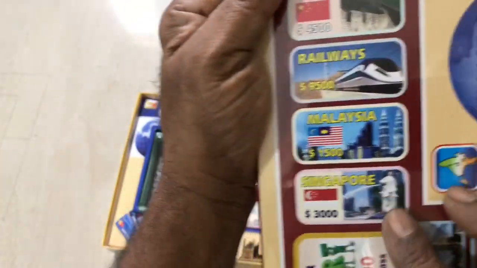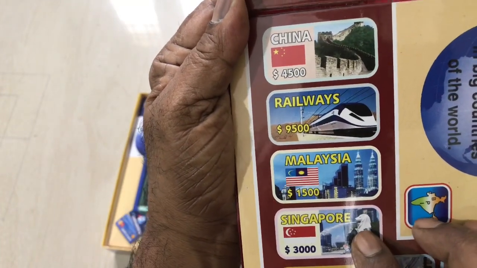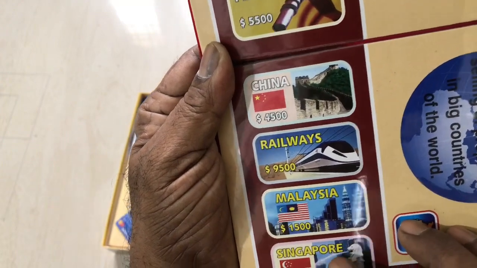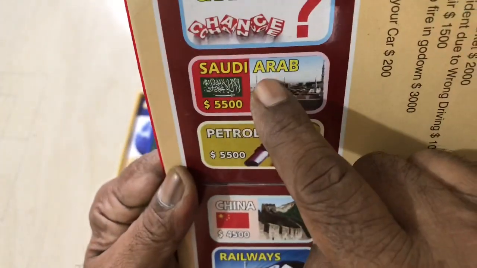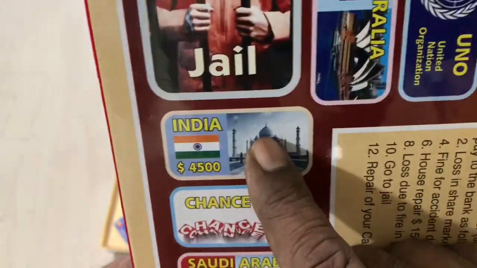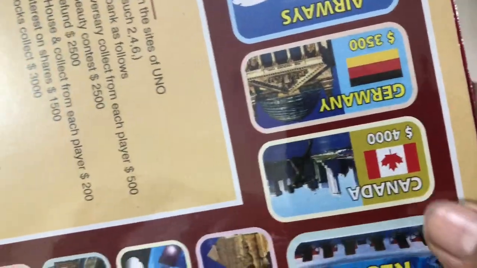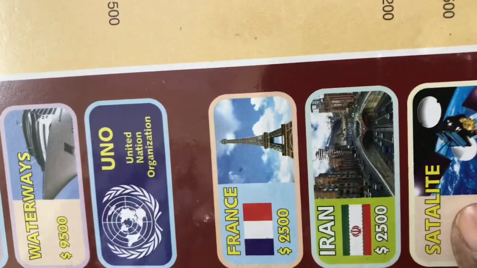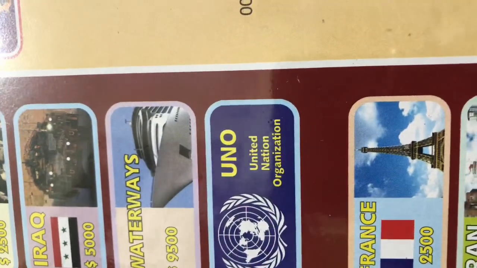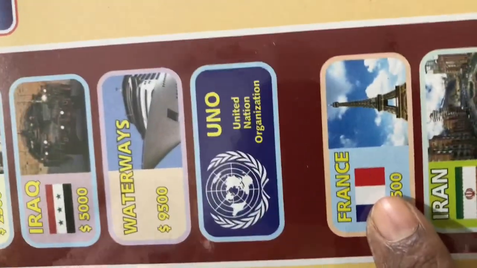It contains countries and Singapore, Malaysia, railways, China, petroleum, Saudi Arabia, chance, India, jail, Australia, UNO, Hong Kong, Mexico, roadways, traveling duty, USA, Japan, party house, Italy, chance, Brazil, Switzerland, customs duty, airways, Germany, Canada, resort, satellite, Iran, France, UNO, waterways, Iraq, England.